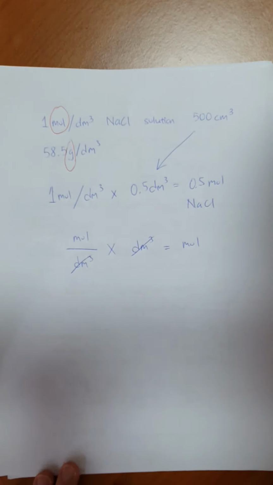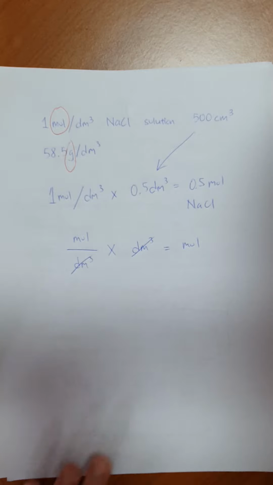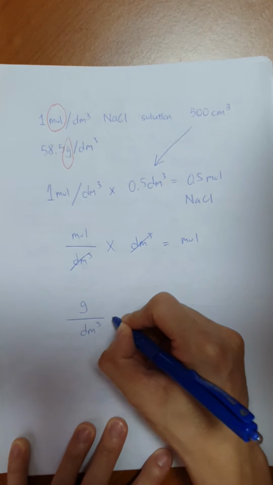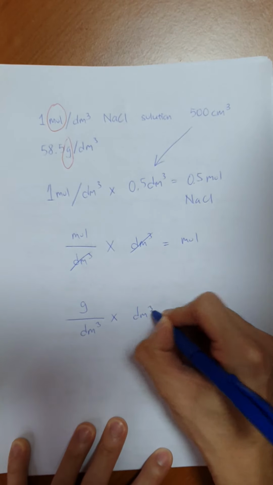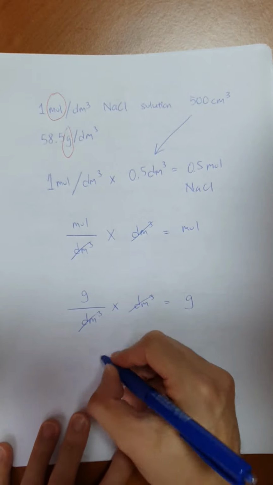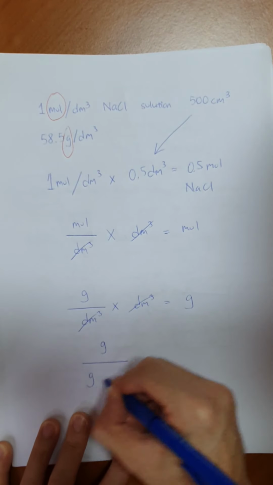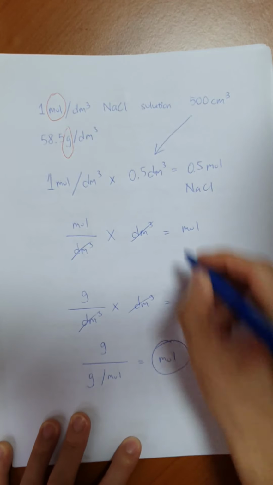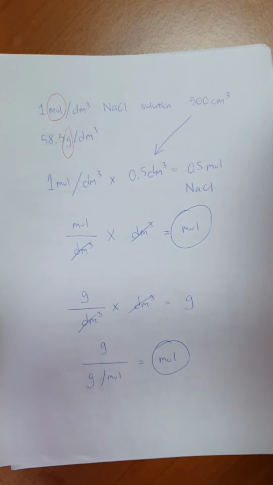Whereas for grams per dm cube it's a bit different, because you have to multiply by dm cube first, and this gives you gram. After that you still have to use gram divided by grams per mole, which is the molar mass, to give you your answer.